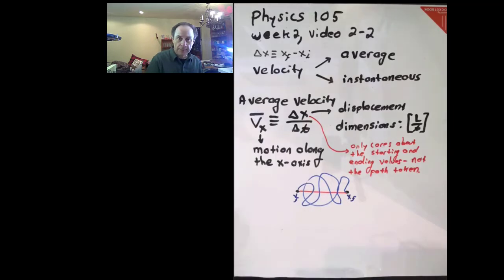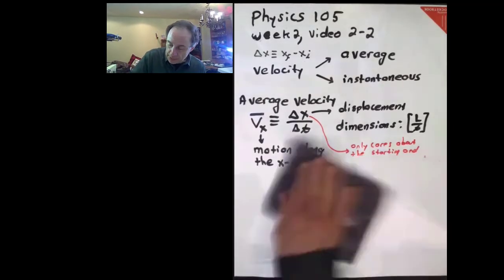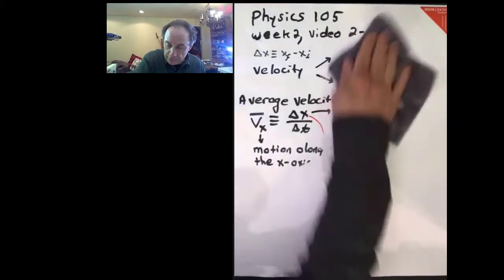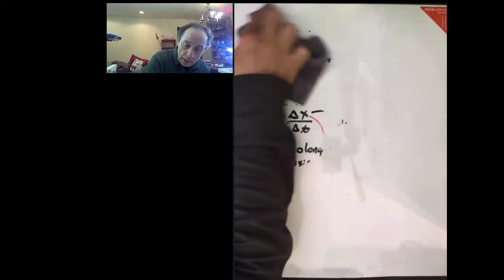Okay, so let me clean this up a little bit so I can have a little more space for the next thing. I'm going to draw a graph that hopefully the picture will help to solidify the difference.